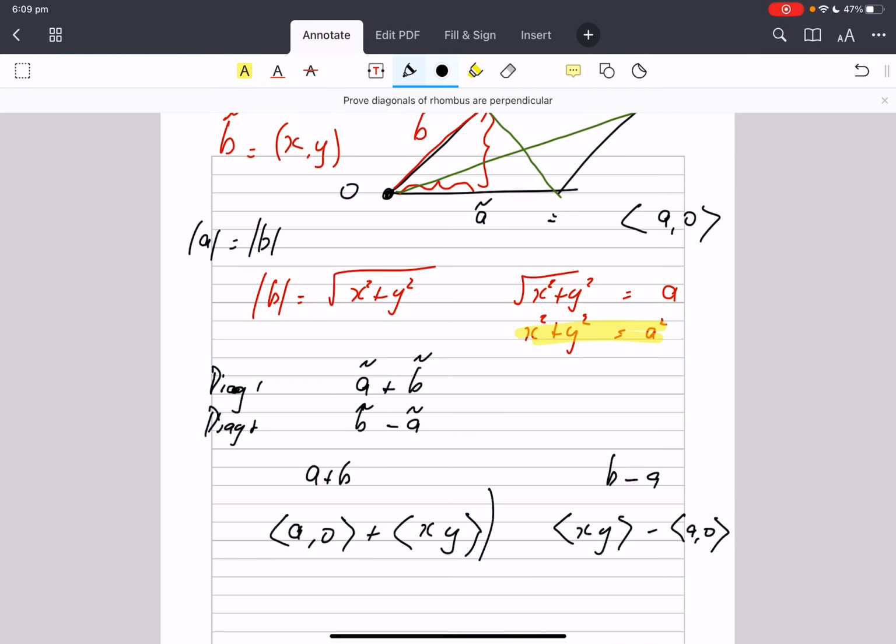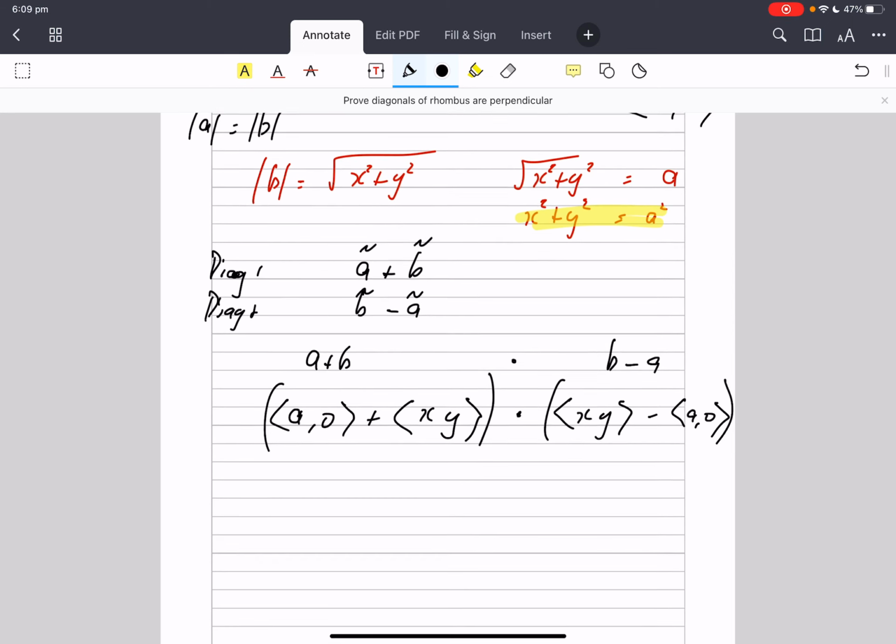And they are two vectors, and we're going to dot product them. A plus x, y is one vector. The other vector is x minus A, y, and we're going to dot product them.